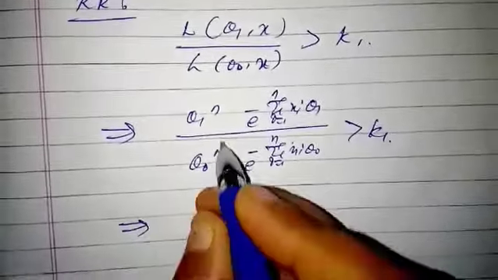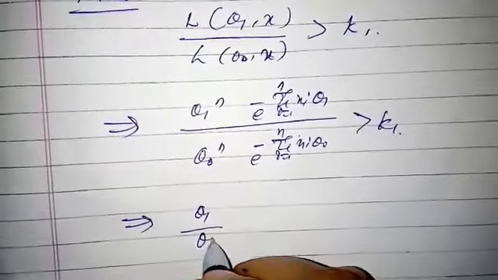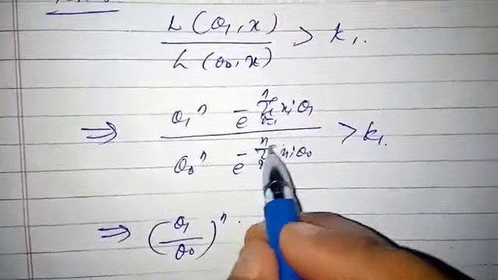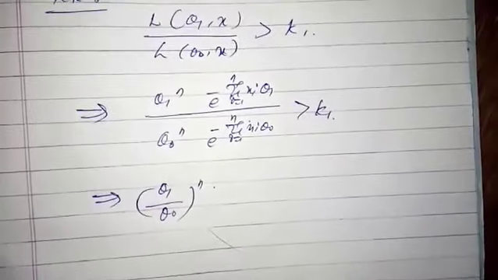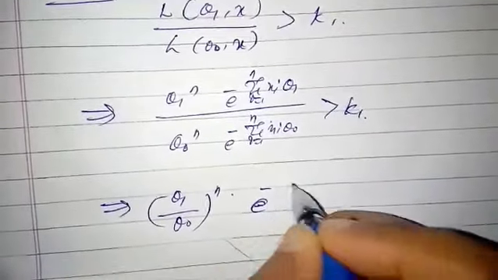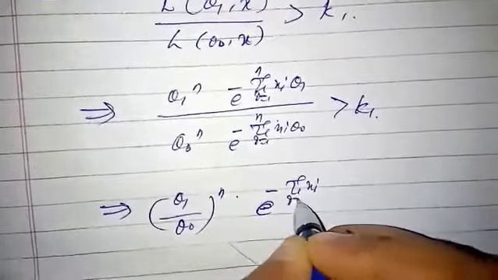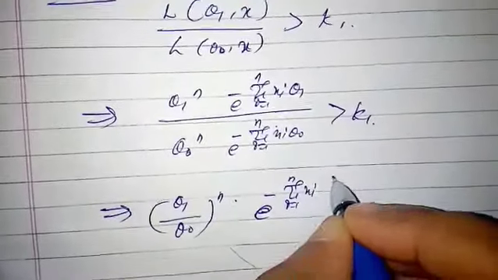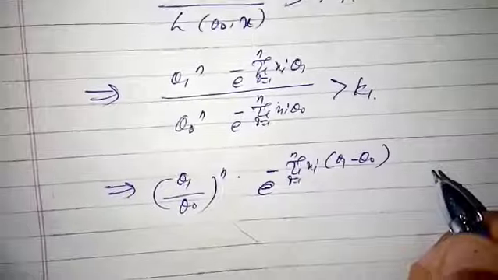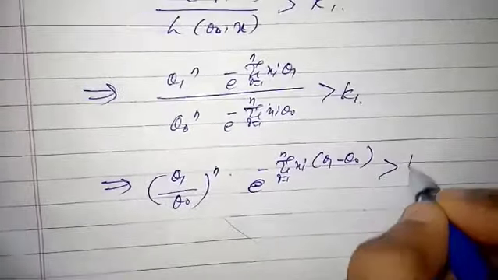We can write this as theta 1 divided by theta naught, power n, and we can write these two exponential terms together, that is e power minus summation xi, i 1 to n, times theta 1 minus theta naught. This is greater than k1.